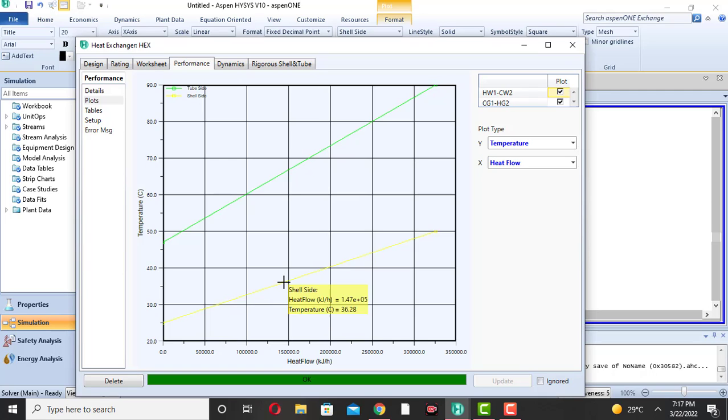Here you can check the heat, it is about 3.25 multiplied by 10 raised to the power 5 kilojoule per hour heat loss. So you can obtain the heat loss from this graph.